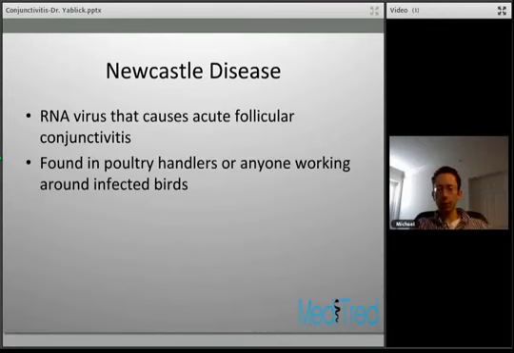So, since it does occur in birds, it's important to take an occupational history and find anybody that may be handling poultry or vaccinating these birds against Newcastle's disease. And that's when you would start to think about Newcastle's as an etiology for this.